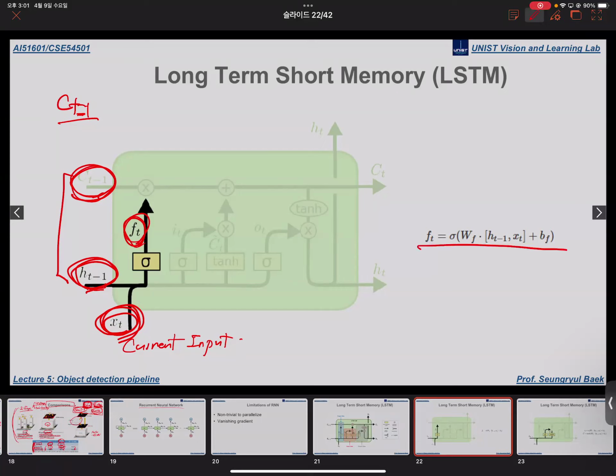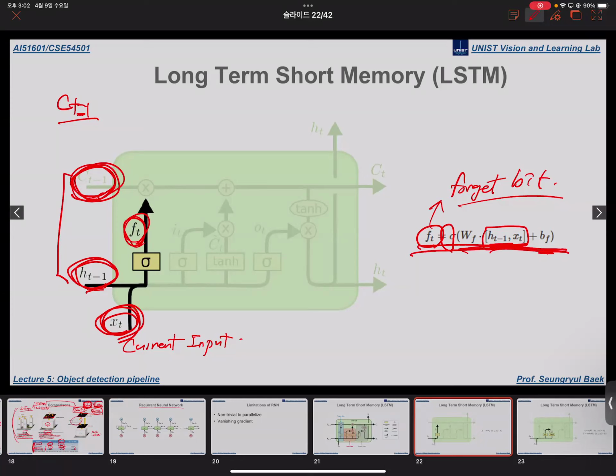This is called the forget bit. It controls how much information we will forget for this cell state. We first combine the hidden state from the previous time step with the current time step's input, apply some linear operation and then a nonlinear layer, and then get this forget bit.